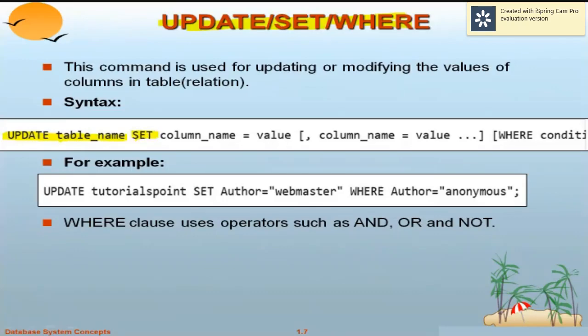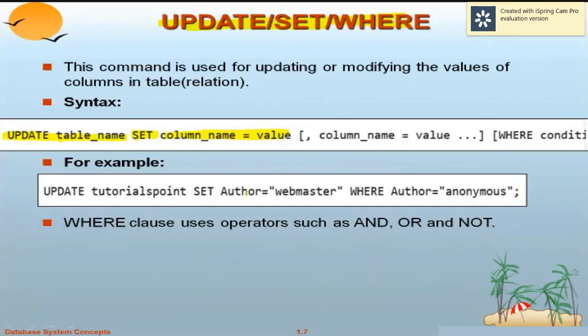This set will be used to insert or change the values in a certain column name, along with the where condition. This where is optional. If you want the where condition to be mentioned, you just do it, or else you can leave it.